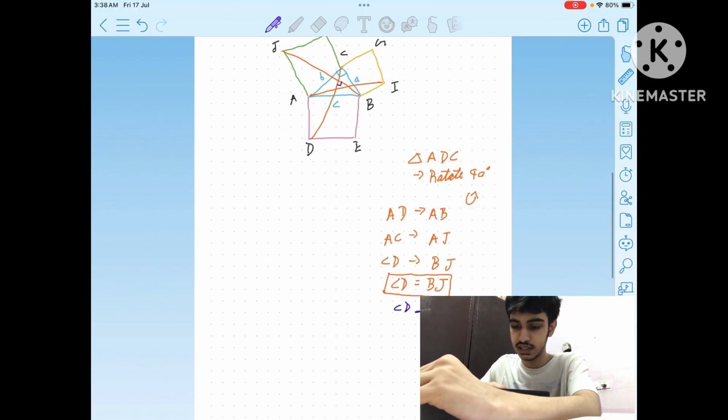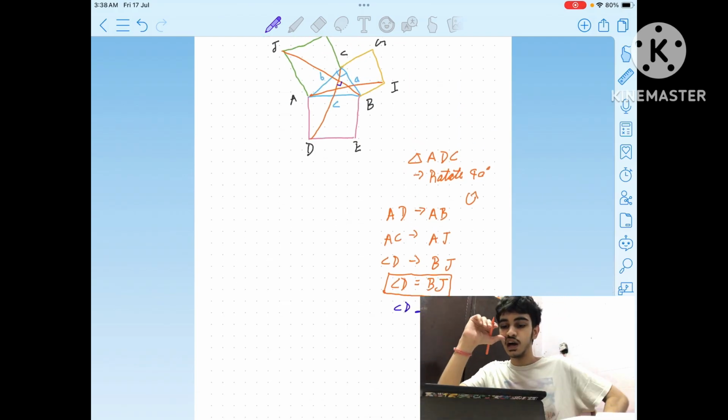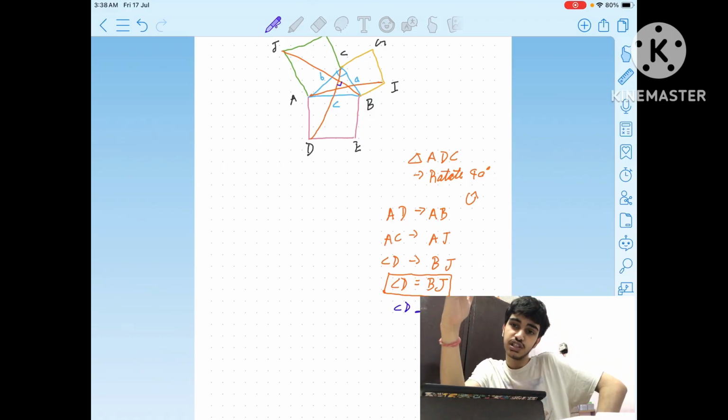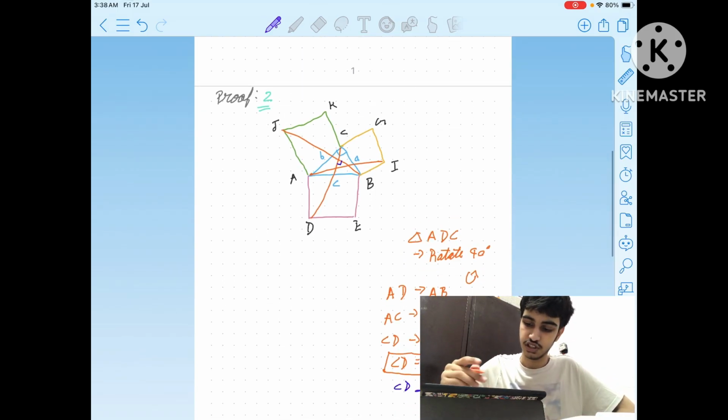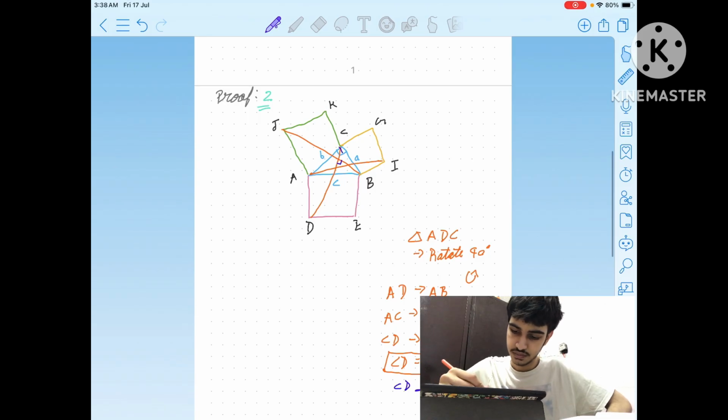So we know that. Now we are going to draw a perpendicular from C to the DE side of the square. Let me just draw it down for you.